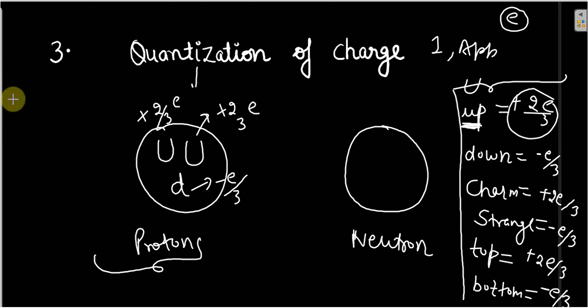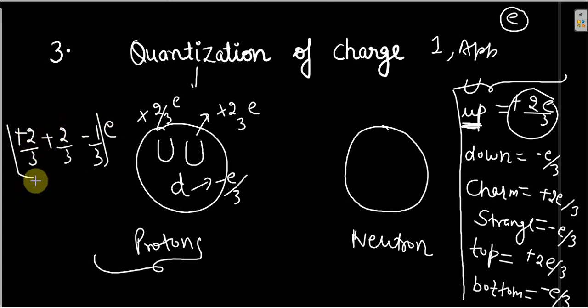E is common in all, or simply you have to take the LCM, nothing else. 2 by 3 plus 2 by 3, and this is minus 1 by 3. So what will happen? This will be 4 by 3 and this one is 1 by 3.